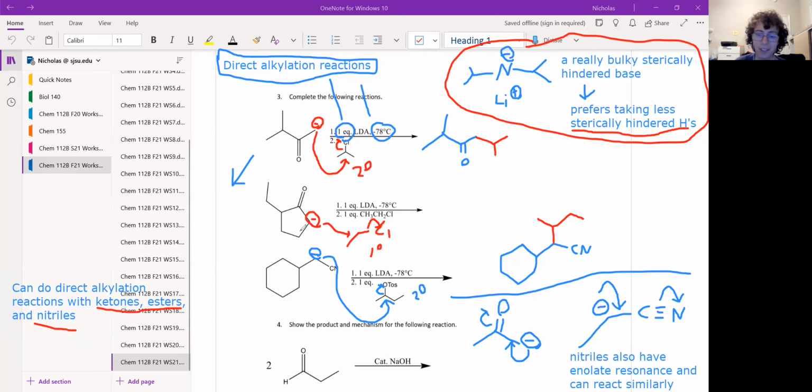We said earlier aldehydes can't do it because they do aldol reactions. And other functional groups don't work with it for one reason or another, but these are the main three to consider that can do these reactions with these conditions. So if you want to memorize that, it might be helpful.